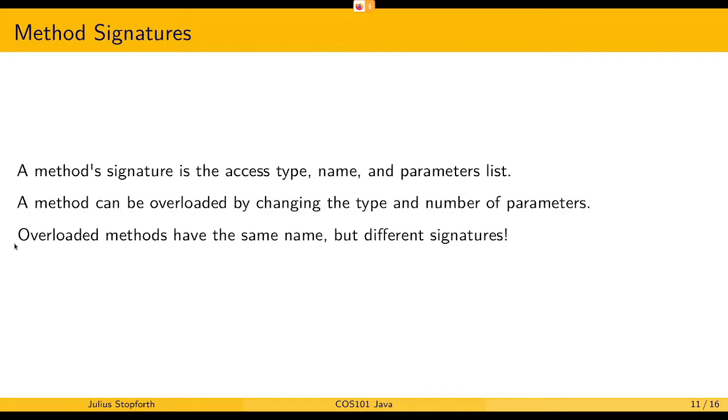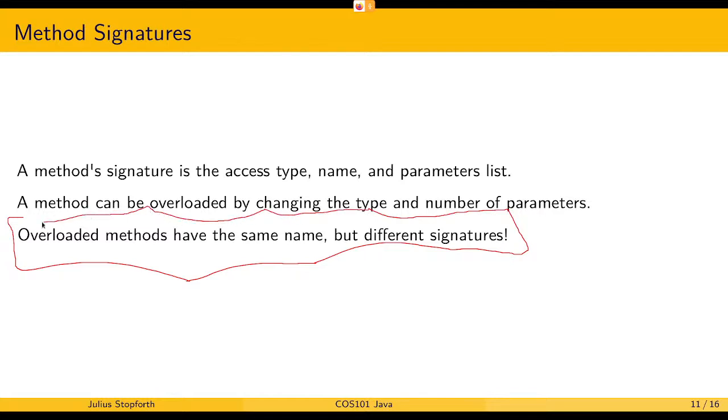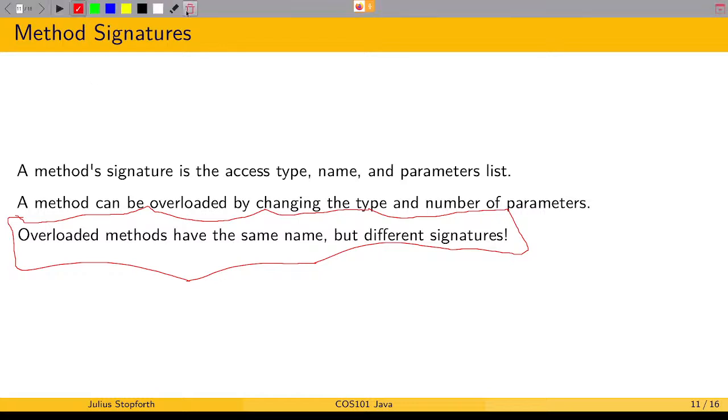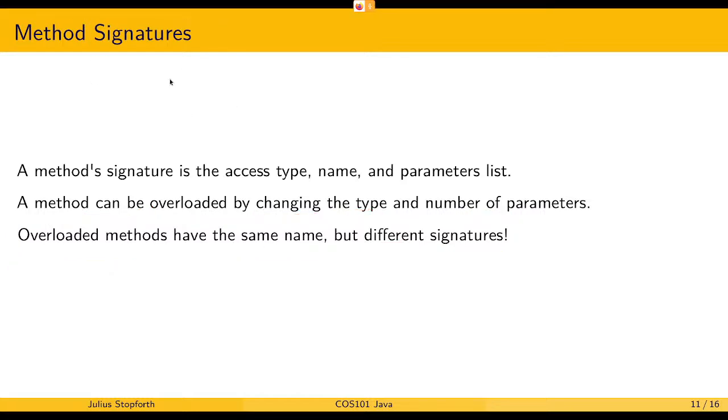The key point here is that overloaded methods have the same name but different signatures. Later on, when we look at inheritance, we will touch on overloading again. We'll also discuss overriding. When we discuss the two, we'll make sure to be very clear about which we mean.